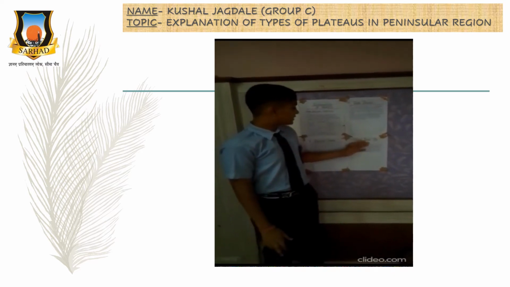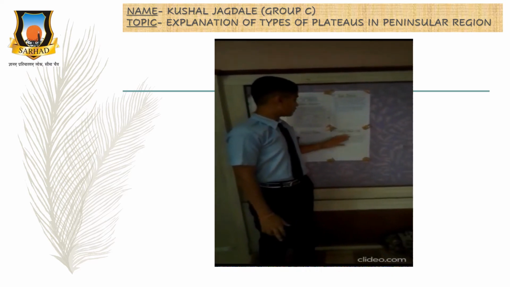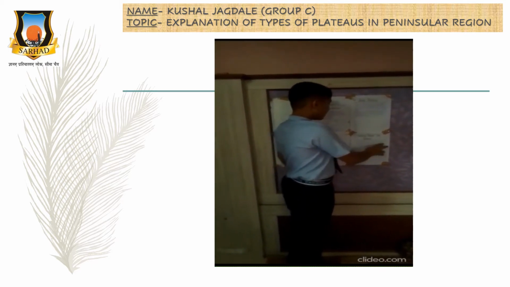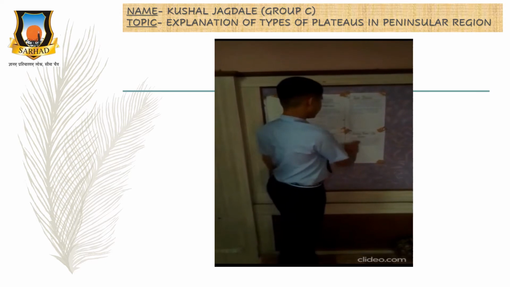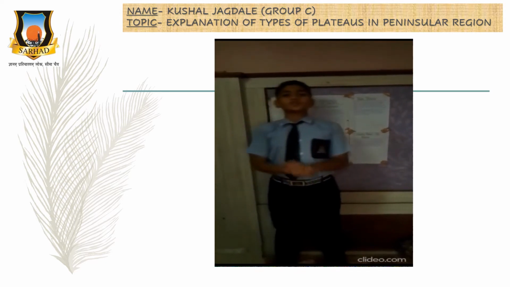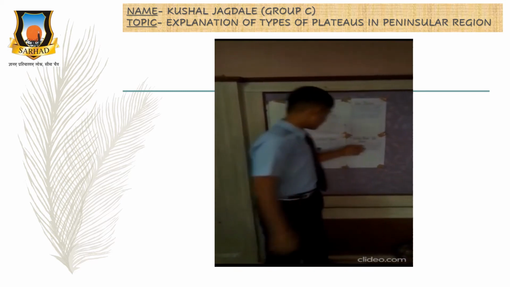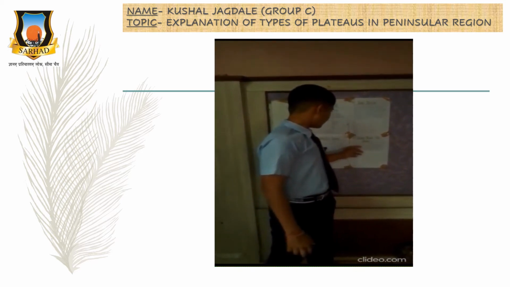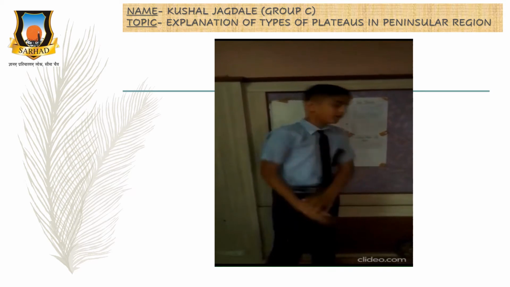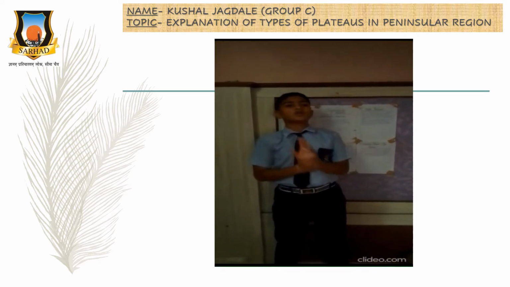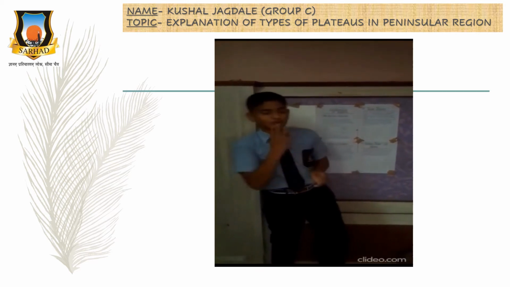Now we will see the next part, the Great Rann of Kutch, also known as the Salt Marsh. It is a salt desert in the Kutch district, so there we can get salt from the desert.